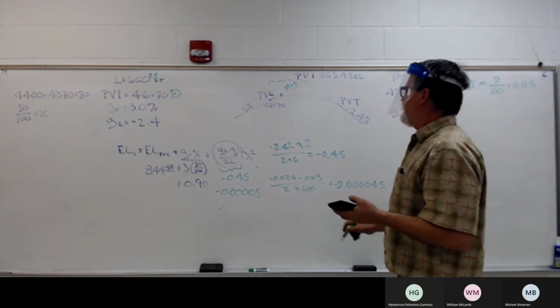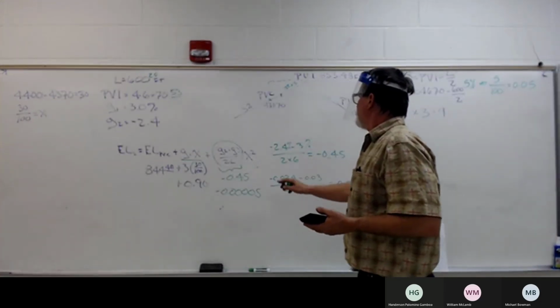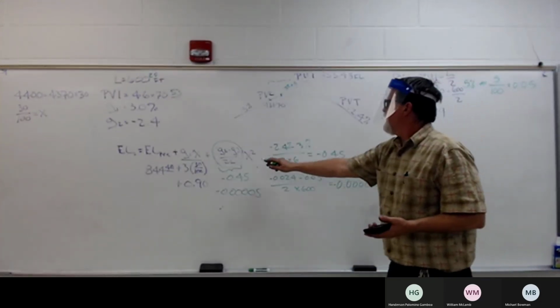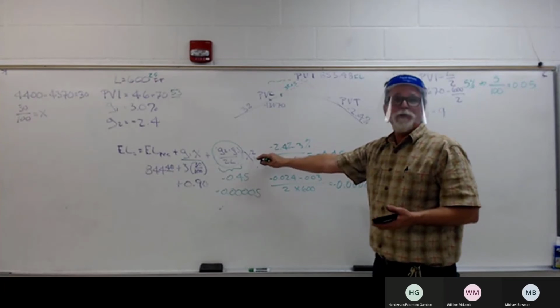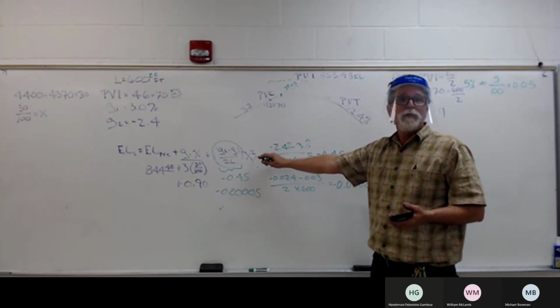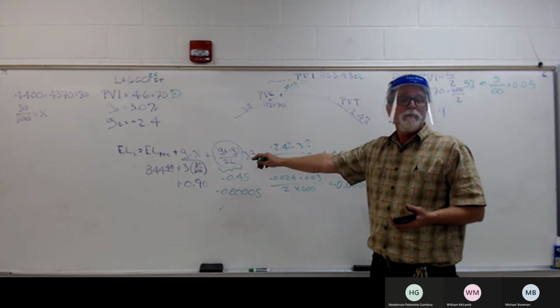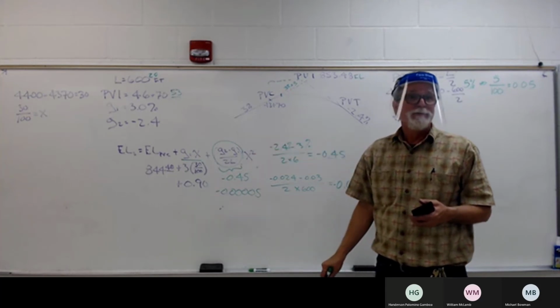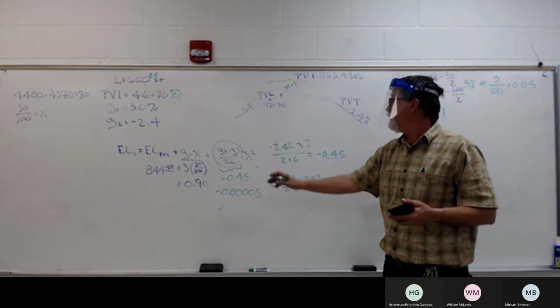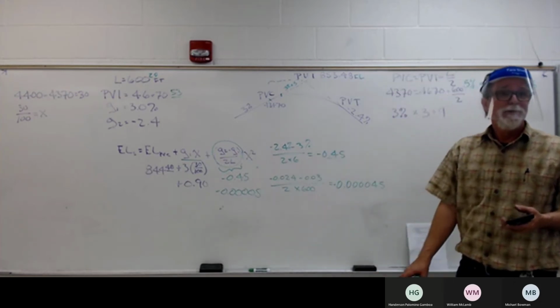Yeah, but what's going to happen is when you come over here to x squared, your x squared value is going to be 30 squared as opposed to 0.3 squared, right? So it makes up for it later on.